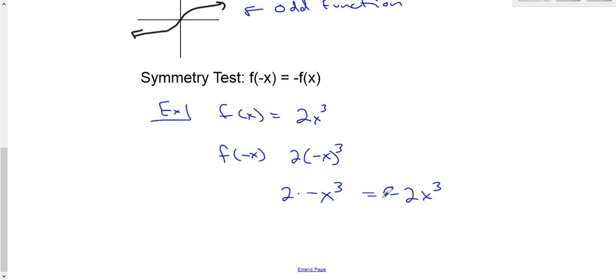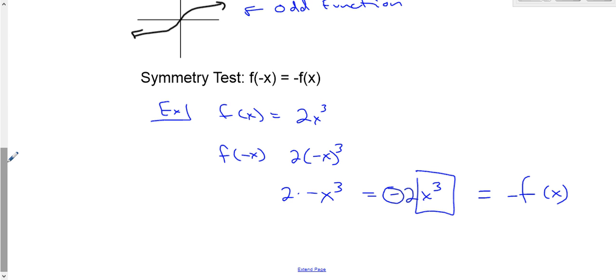So now that that negative number is out in front of the function of the x cubed, it has caused the negative value of what we started with. We had positive 2x cubed, now we have negative 2x cubed. So this is the negative value of f of x. So this is symmetrical.